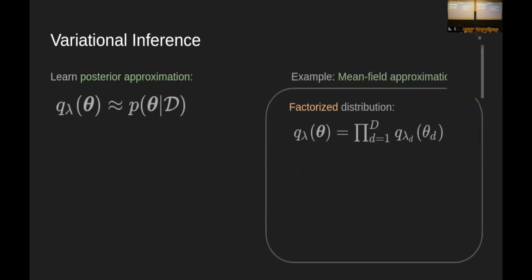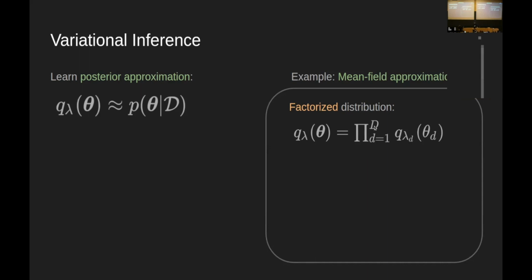One popular way of doing it is the mean field approximation. The term mean field comes from physics, but really what it means is just that it's a factorized distribution. So you have one Q for every parameter.